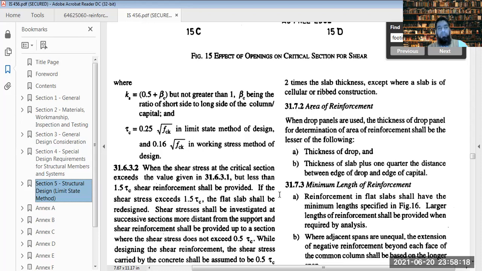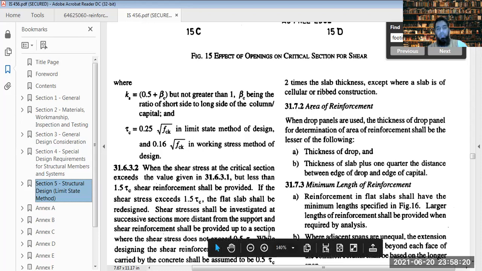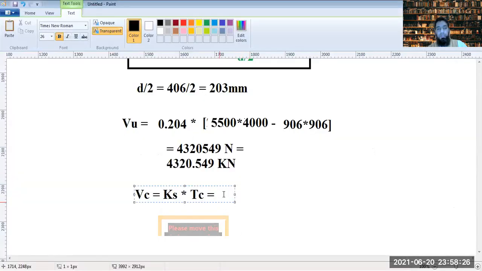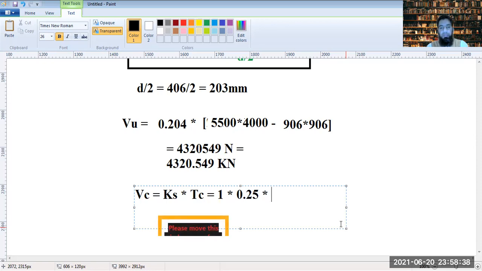So we have that value here, and tau c would be 0.25 of under root fck.